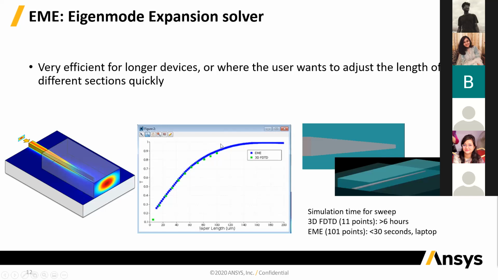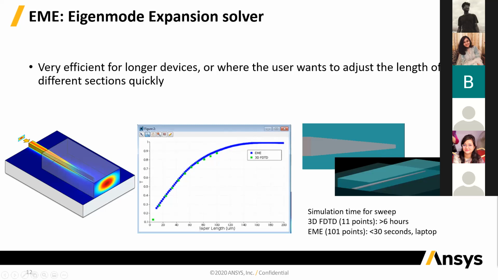And the sweep is very fast, took less than 30 seconds on a laptop. It then shows you very easily at what minimum length you get a reasonable coupling between the two waveguides. So you don't have to make the device unnecessarily long. That's the whole purpose of this optimization.